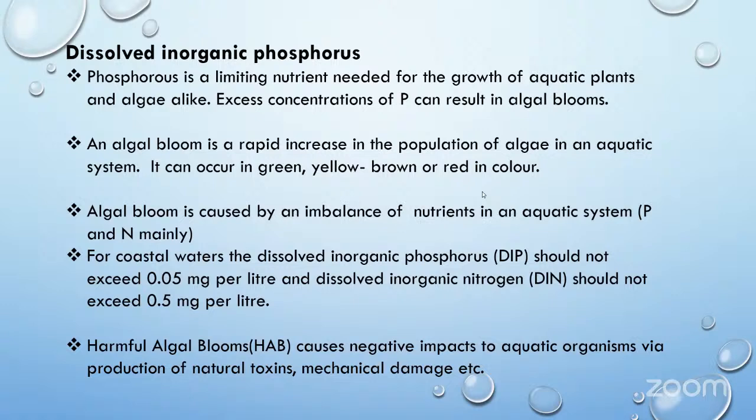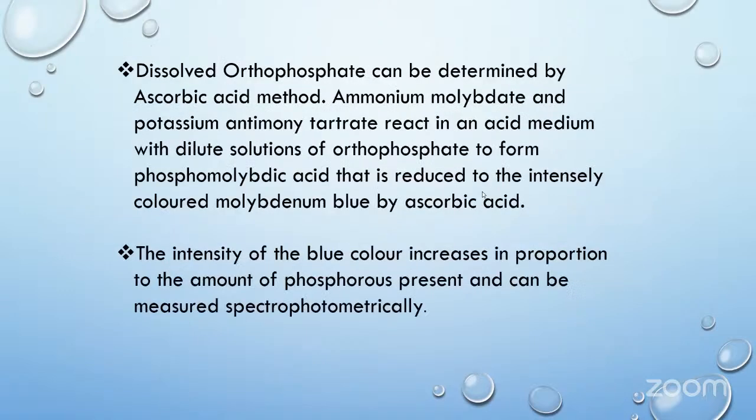Algal bloom is caused by an imbalance of nutrients in an aquatic system. For coastal waters, dissolved inorganic phosphorus should not exceed 0.05 mg per liter and dissolved inorganic nitrogen should not exceed 0.5 mg per liter. Harmful algal blooms cause negative impacts to aquatic organisms via production of natural toxins, mechanical damage, etc.